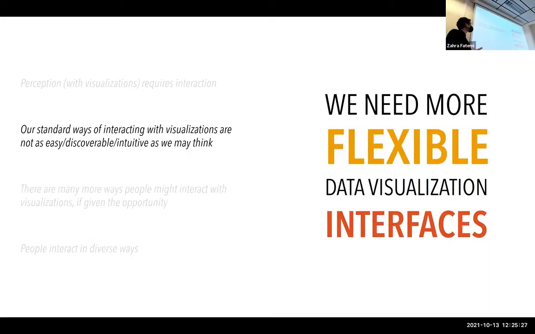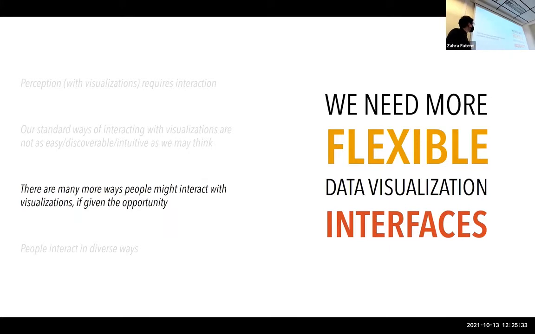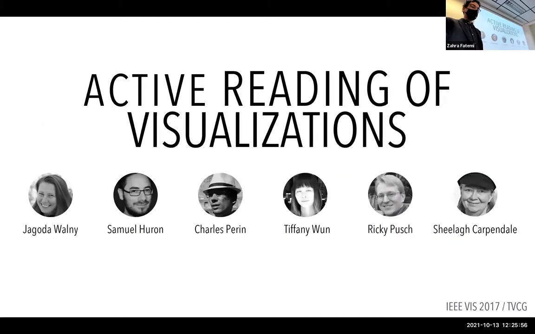Is it because perhaps these generic interaction widgets are suited to some very specific ways of interacting? If you think about it, clicking on buttons and menus is probably the least natural way that people would interact with a visualization if they could choose, right? Something that we have imposed on ourselves.